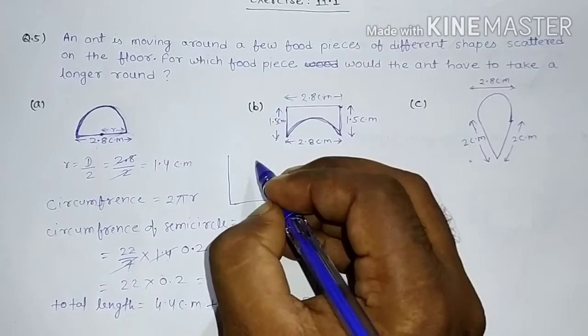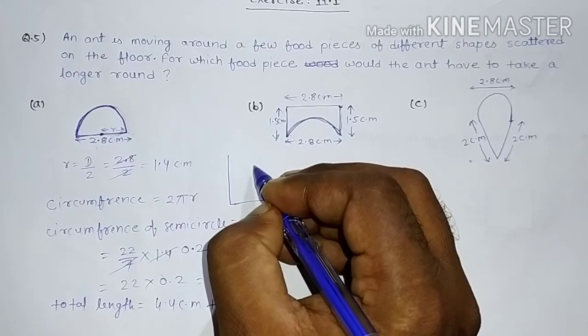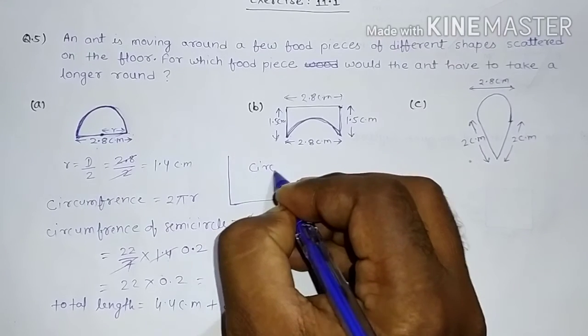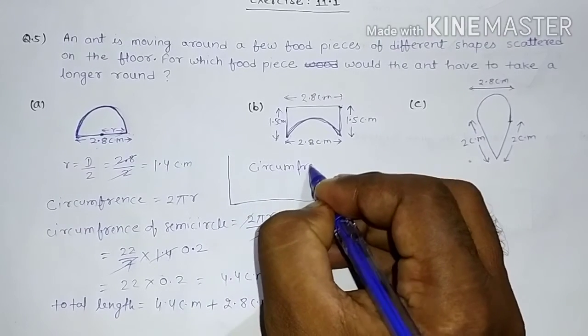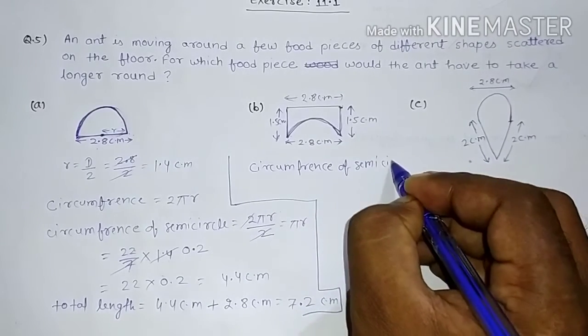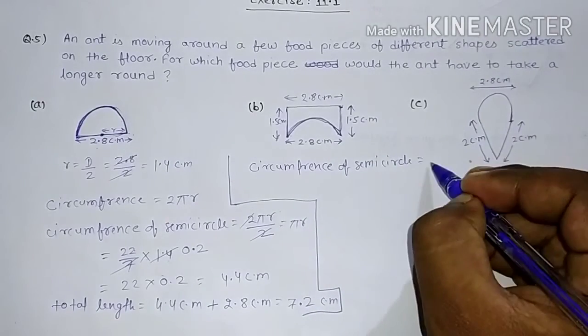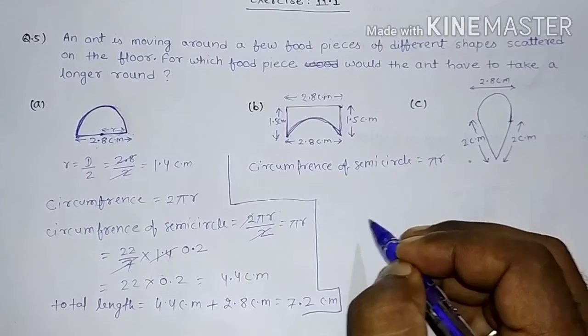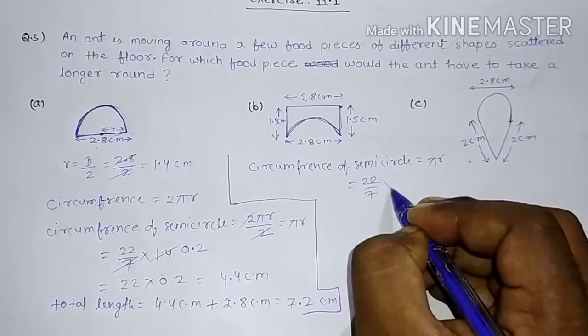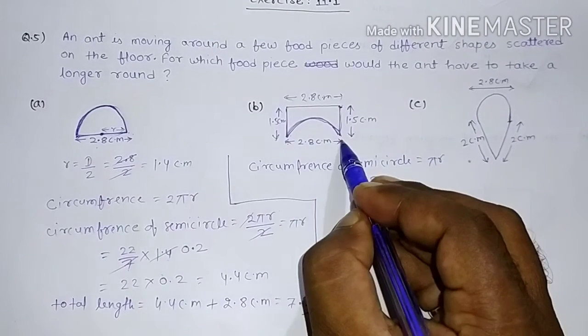So we know that the length of the semicircle, circumference of semicircle, equals pi r. We know that. So just put the value, pi means 22/7, and r is given here. This is the diameter.